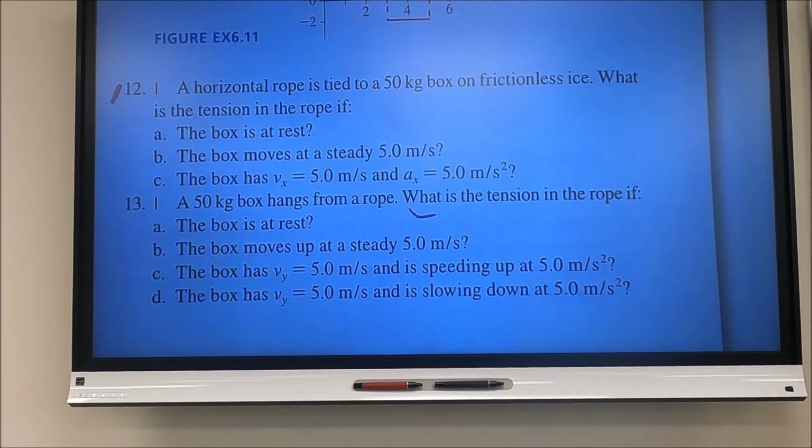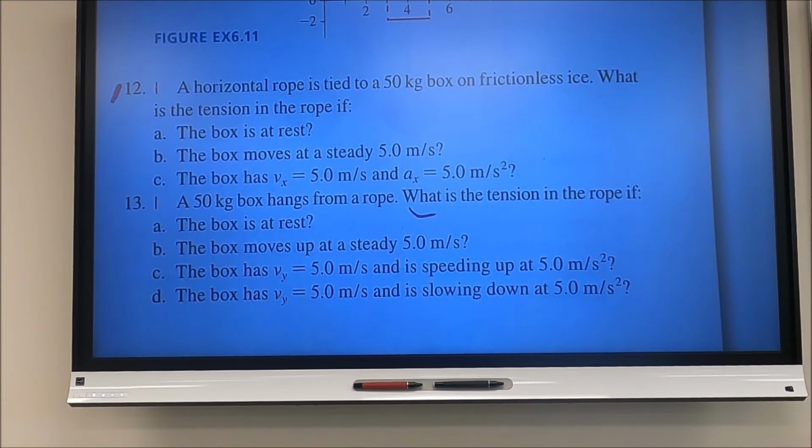Well, if we're taking a bird's eye view, guys, the force due to gravity and the normal force are not going to be in play because we are looking at it bird's eye. If the box is at rest and it's on a frictionless surface, then the tension in the rope has to be 0. If you applied any pull at all to the box, it would move.